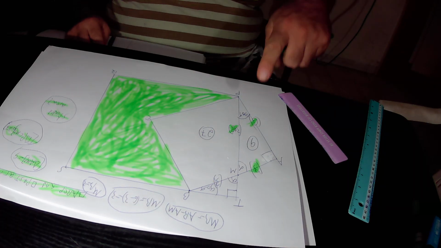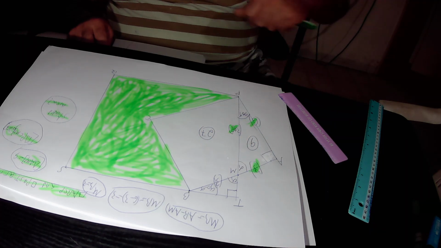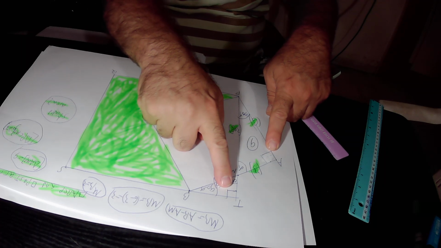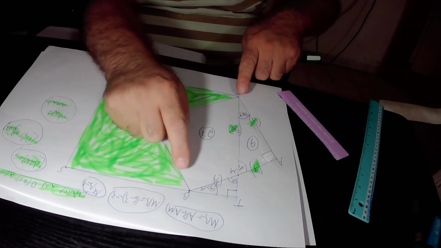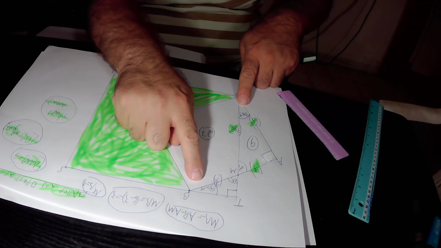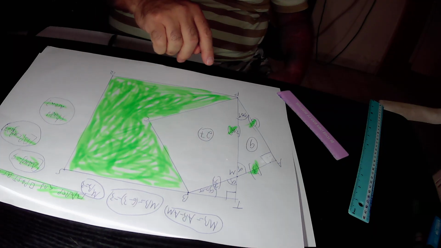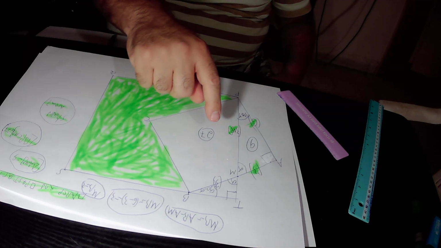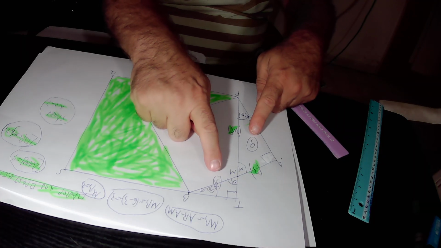It is very easy to see that the small right triangle TBM is similar to the big right triangle AMP. So why are those two right triangles similar to each other? First of all, those two angles are both equal to 90 degrees and therefore they are equal to each other. In addition, those two angles are both equal to alpha and therefore they are equal to each other. And finally, those two angles are both equal to 90 degrees minus alpha and therefore they are equal to each other. So all the angles in the big right triangle AMP are correspondingly equal to all the angles in the small right triangle TMB, and therefore those two right triangles are similar to each other according to the angle similarity rule.